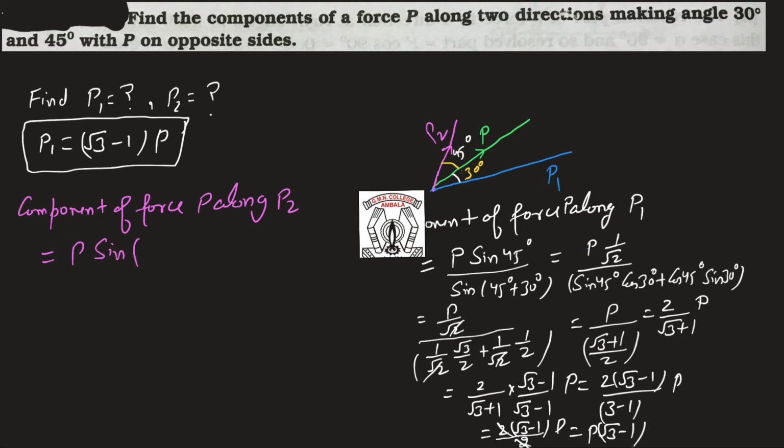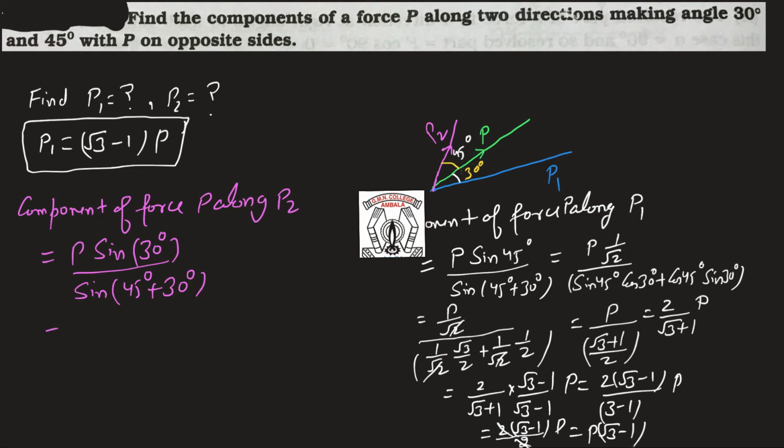Once again, sine of the other angle. Now in this case we are taking this component, so this 45 degrees is the primary angle. The other angle is 30 degrees here, it is clearly visible. It will be sine 30 degrees divided by sine of the sum of the angles, 45 degrees plus 30 degrees.